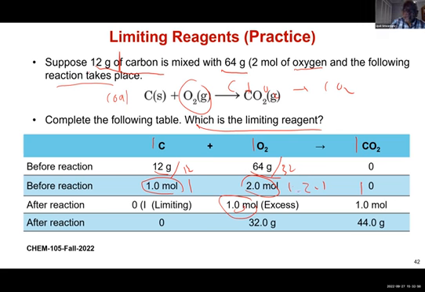So after the reaction, the excess reagent is 32 grams. Now, when you calculate the product, carbon dioxide, you use the conversion factor 1 to 1, in this case 1 to 1 both.